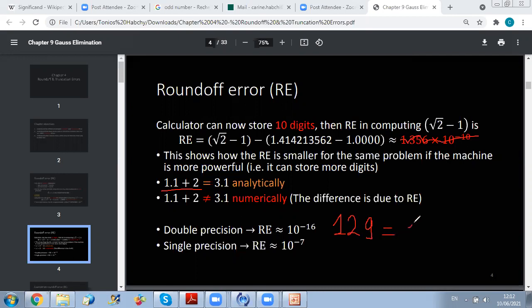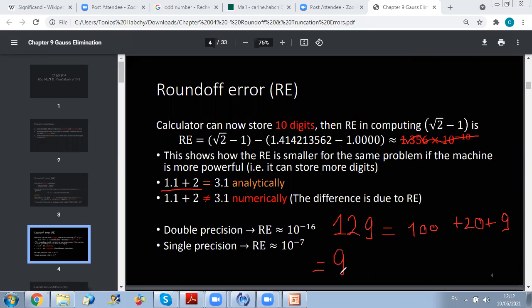I can say it's 100 plus 20 plus 9. And when I talk in a decimal base, this means that it can be represented as coefficients times 10 to the power of a number.